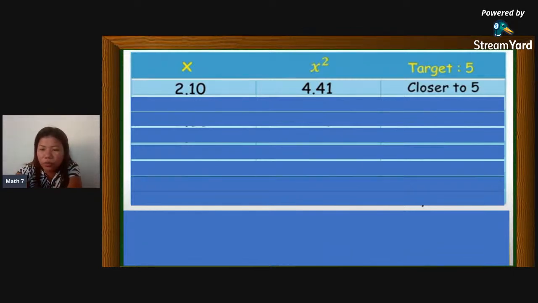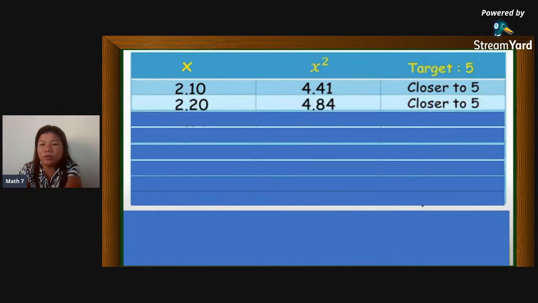Wala pang nagmumultiply ha. 2.1 times 2.1, is it 4.41? So that is closer to 5. Next, 2.20 times 2.20, the answer is 4.84. Mas malapit siya sa 5.